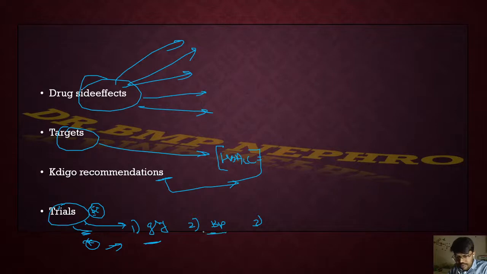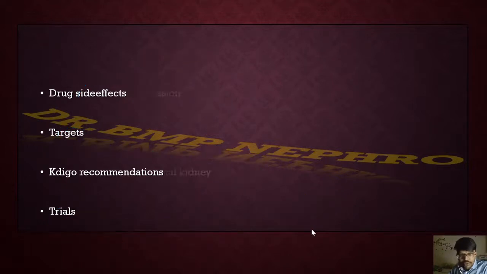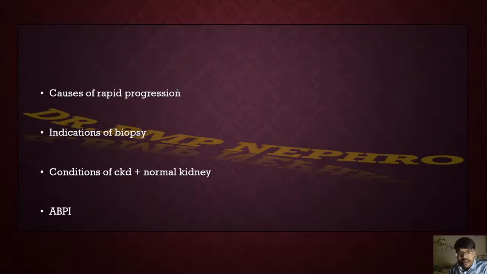Importantly, you have to be aware of UKPDS, DCCT, EPIC trial, and with respect to SGLT2 trials, since they are the recent nephroprotective drugs, there will be questions on SGLT2 inhibitors, DAPA-CKD, and what are the other nephroprotective trials, and what are the causes of rapid progression in a diabetic nephropathy patient.